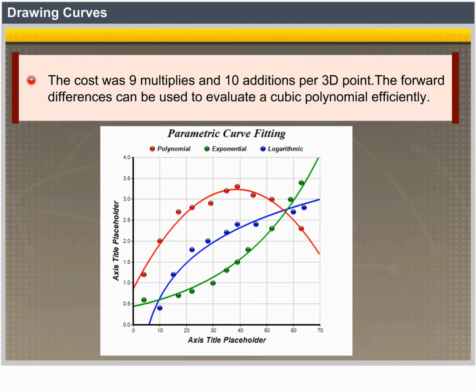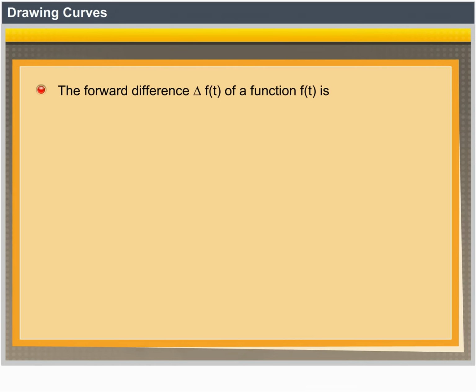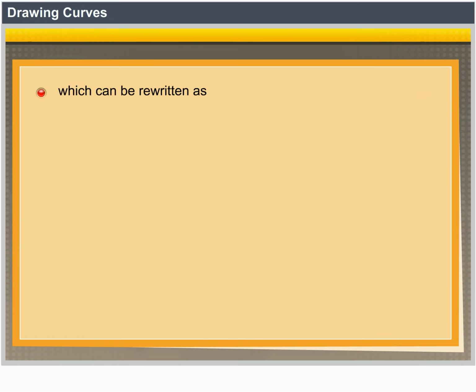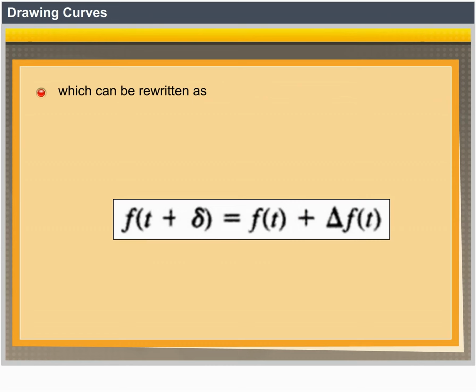A much more efficient way to repeatedly evaluate a cubic polynomial is with forward differences. The forward difference delta f of t of a function f of t is delta f of t equals f of t plus delta minus f of t, with delta greater than 0, which can be rewritten as f of t plus delta equals f of t plus delta f of t.